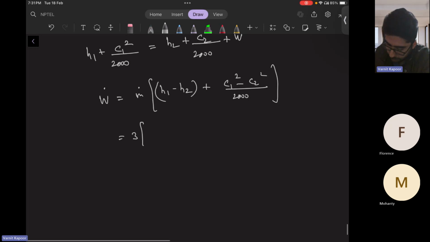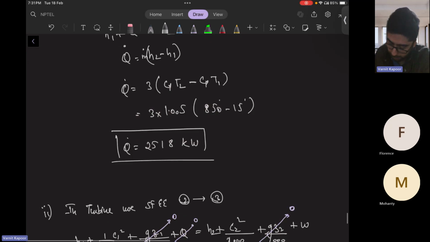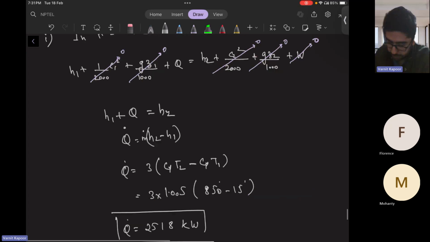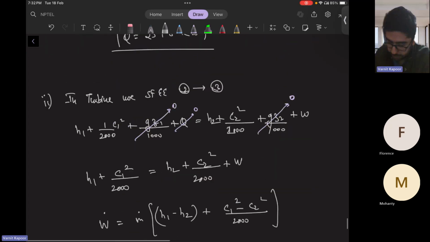What is m dot Cp (T1 minus T2)? Sorry, T2 minus T3, we are dealing in terms of 2 and 3. T2 is 850 and T3 is 600. Why am I writing 1, 2 here? My bad, I'll remove the subscripts from 1, 2.